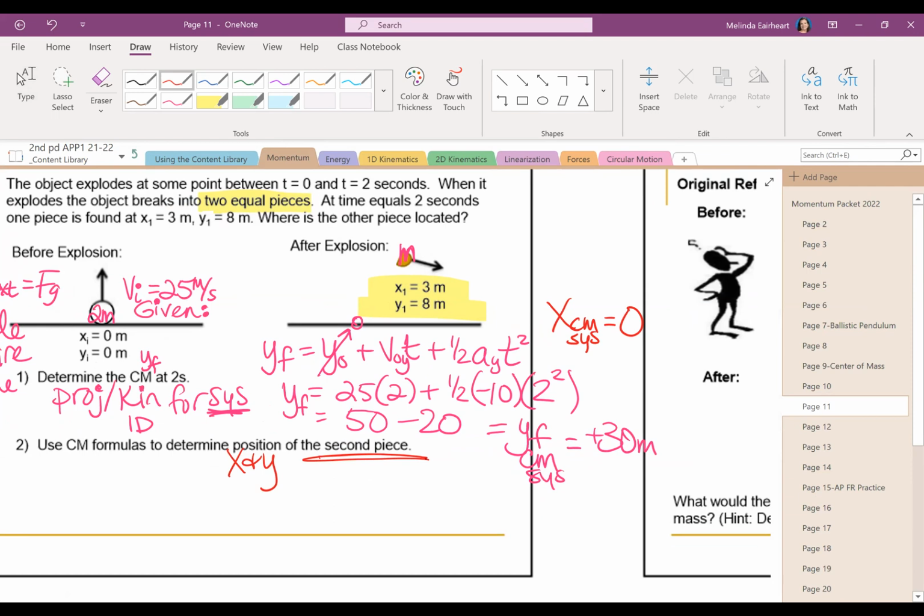Well, one piece goes to the right, 3 meters. Gravity doesn't affect horizontal, so where's the horizontal position of, and I'll use the 2 label since in the picture they show 1. So X2 final would be what? Negative 3.